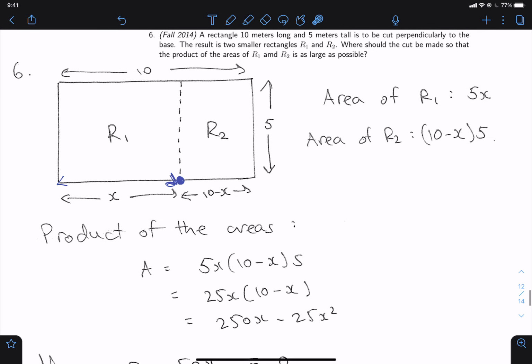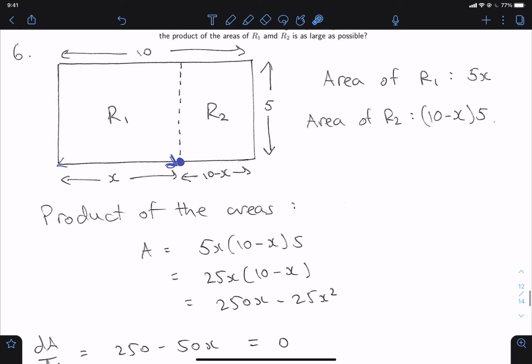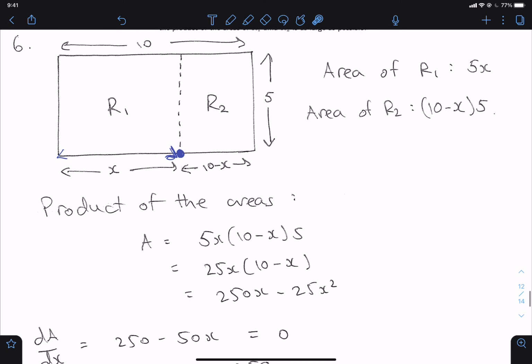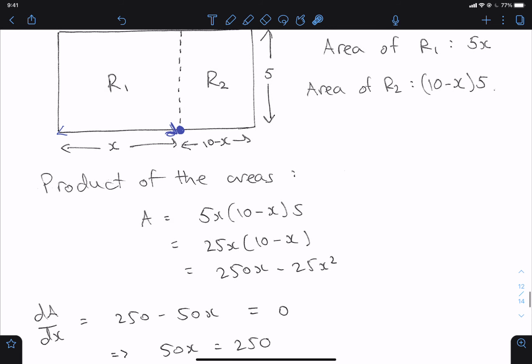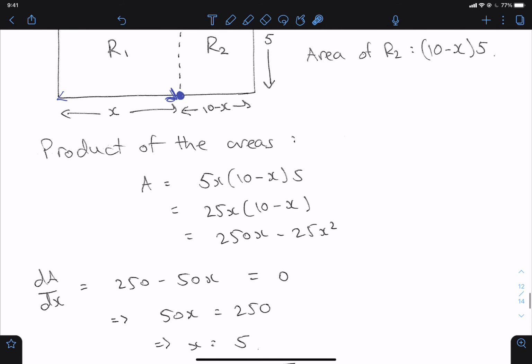So what we do is multiply these two areas, and then we have 5x multiplied with 10 minus x times 5, which will be our target function A. In terms of only one variable x, that is very good. We don't have to eliminate other variables, so only one variable is involved here. And then we simplify it.